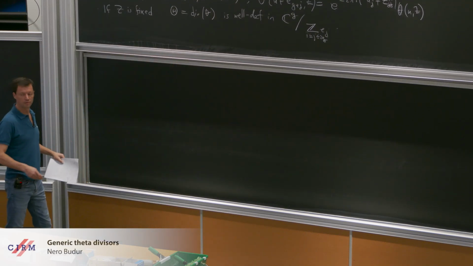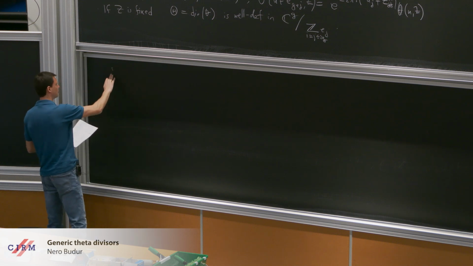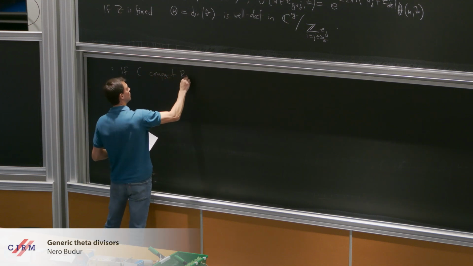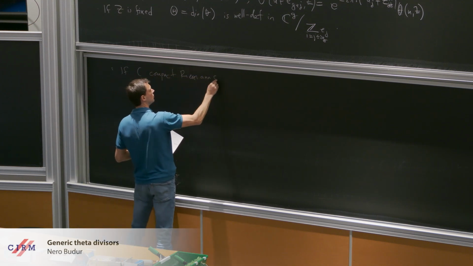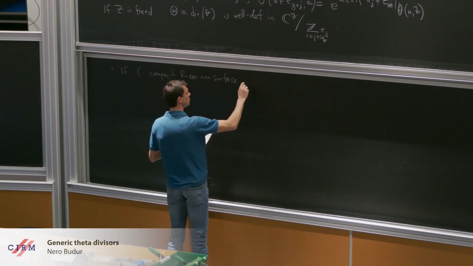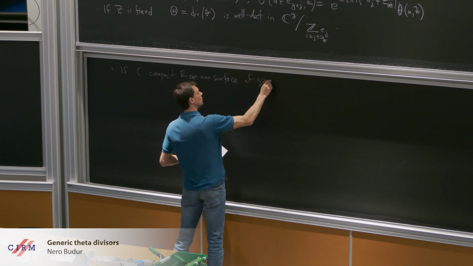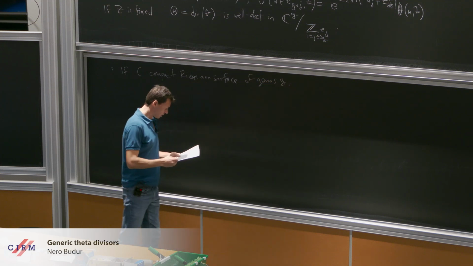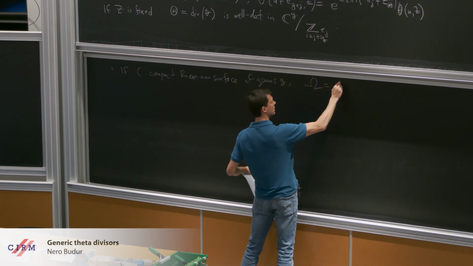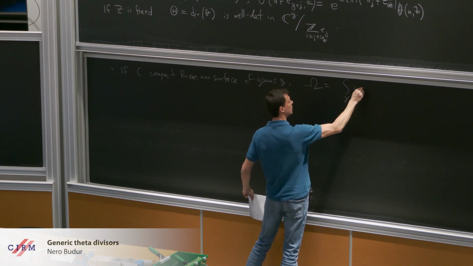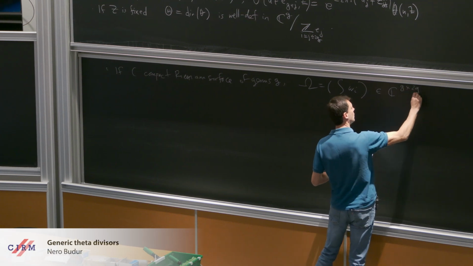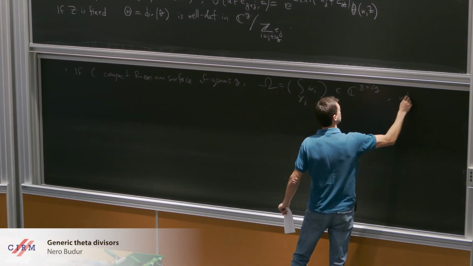So coming to the case of curves, if C is a compact Riemann surface, then we get to that situation. Let's say g is the genus now. We take omega to be a matrix of periods. What does this mean?